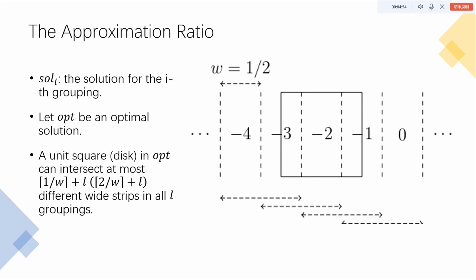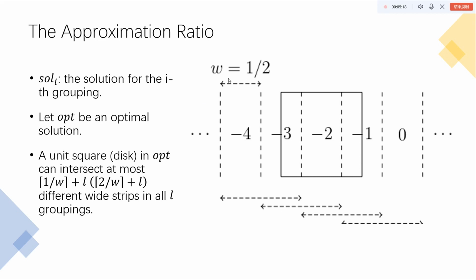Now we show how to prove its approximation ratio. We first notice that a unit square can intersect at most ceil(1/W) + L different wide strips. Again, let's take an example.